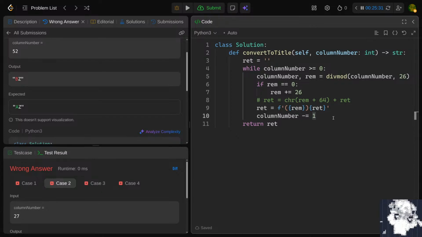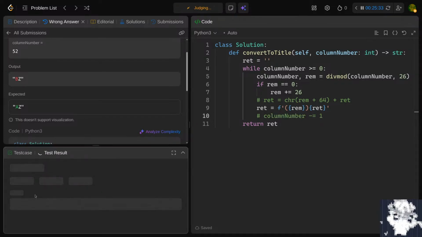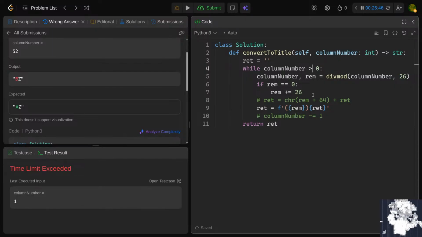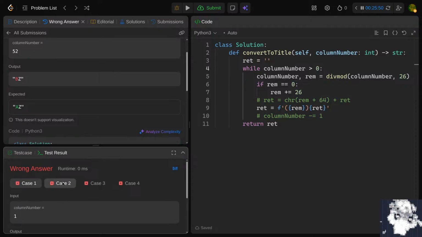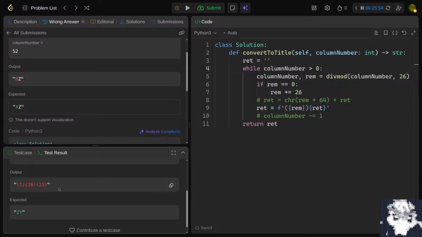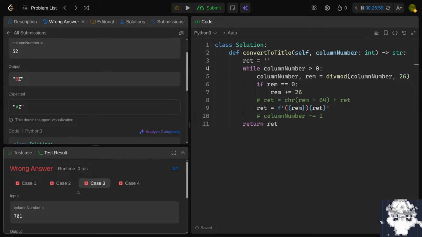So don't do that. Not equal to 0, I want greater than 0. 1, 1, 1. 126, 25, that's wrong. 226, that's wrong.